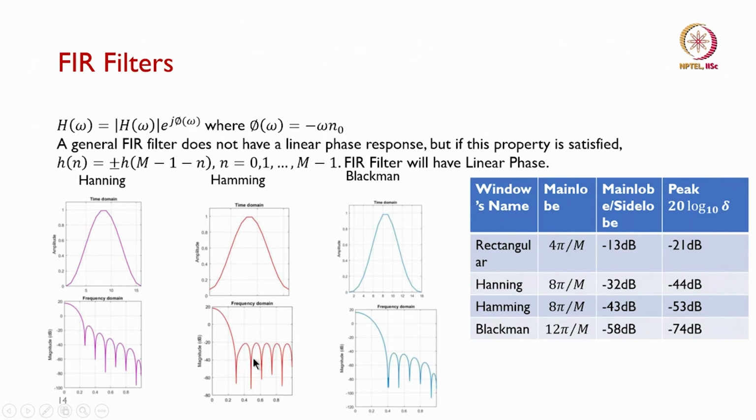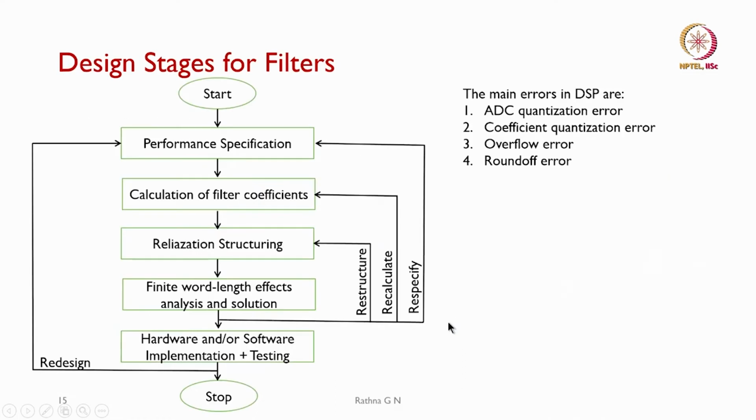So, when the main lobe is narrow, you will see the peak side lobes, and you have to compromise on one of them.